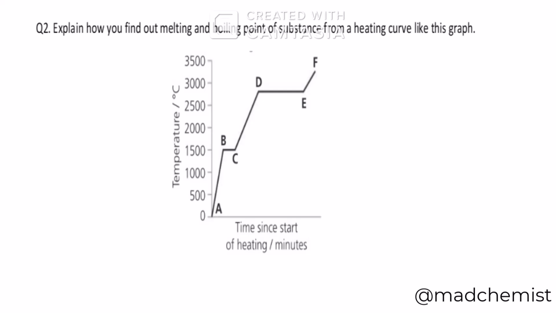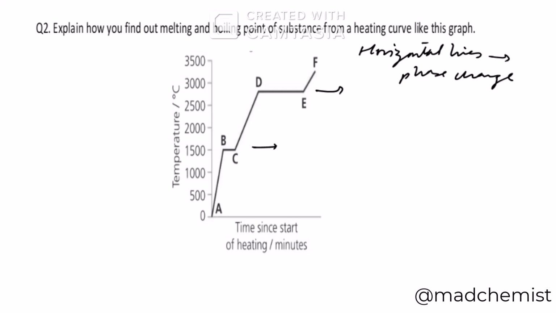Now I will narrate the answer and we will check yours to get an overview of whether yours is true or not. So basically we have discussed in our lecture that these horizontal lines in the graph represent phase change.